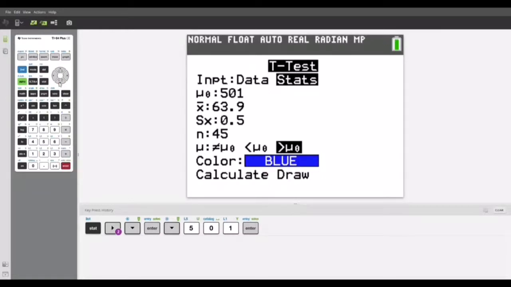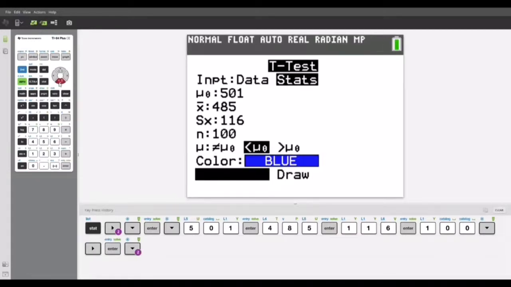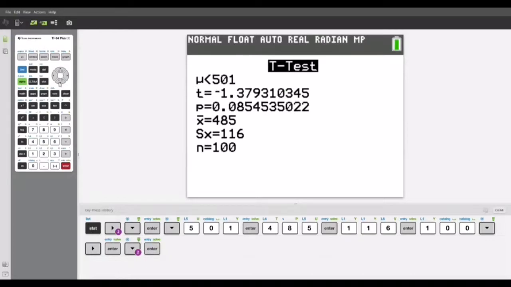X bar is equal to 485. Our standard deviation is equal to 116. And our sample size is 100. Our alternative hypothesis is less than. Scroll down to Calculate, hit Enter. And again, you get T, which is your test statistic, and P, which is your p-value.